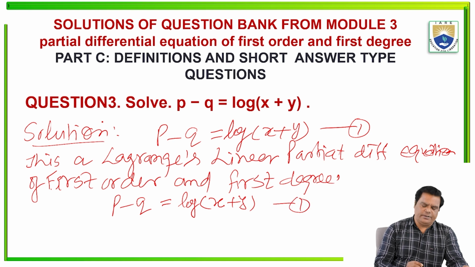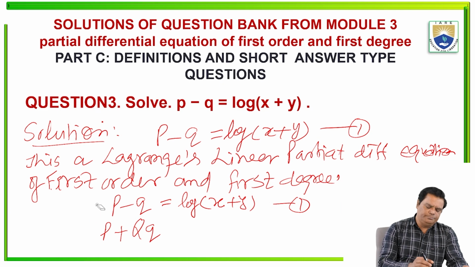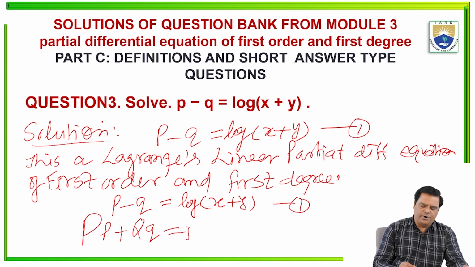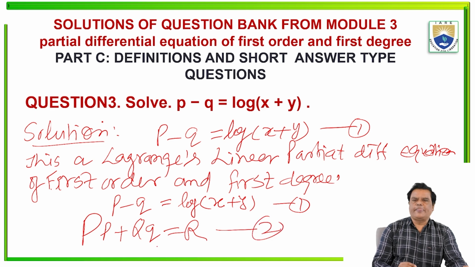This is equation 1. But the general equation is capital P p plus capital Q q equal to R. This is equation 2.